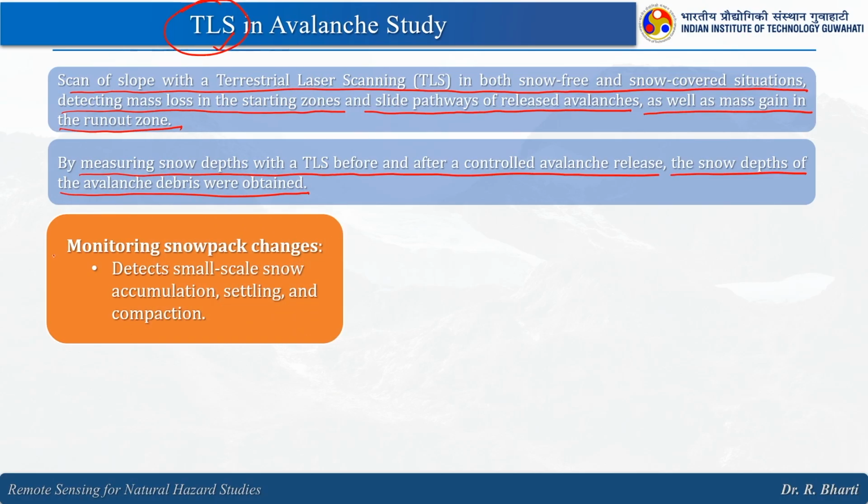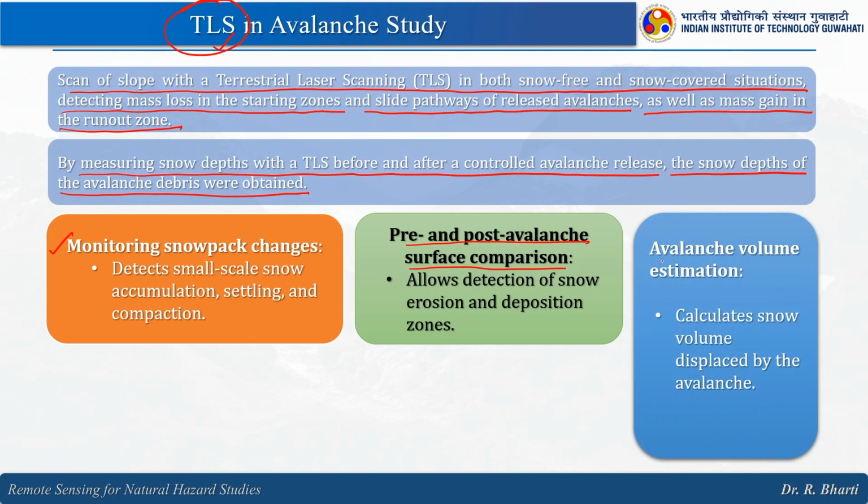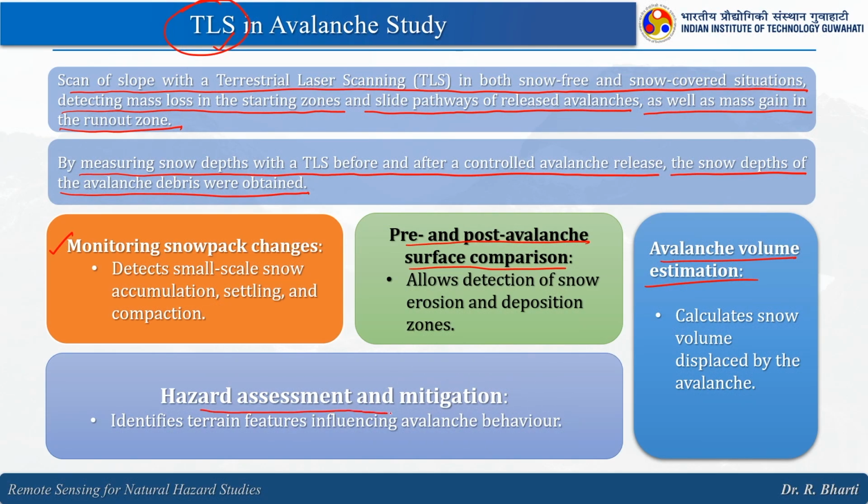So, here you have a few components: monitoring snowpack changes, then pre and post avalanche surface comparison, then avalanche volume estimation, and then finally hazard assessment and mitigation. So, when we talk about the monitoring snowpack changes, we have to detect small scale snow accumulation, settling and compaction.